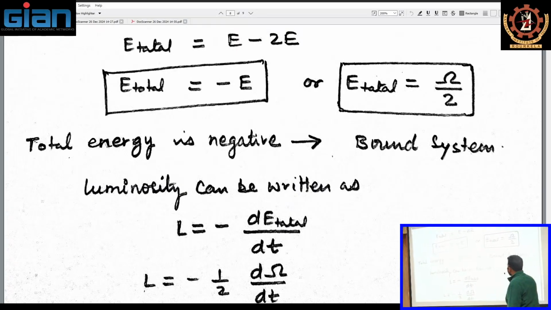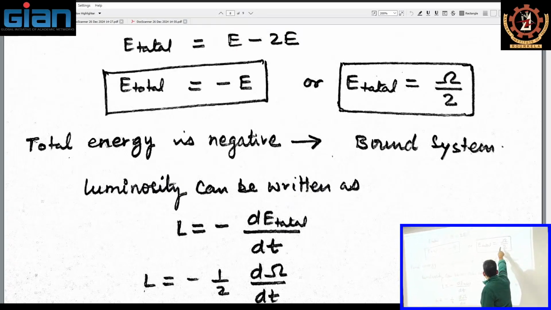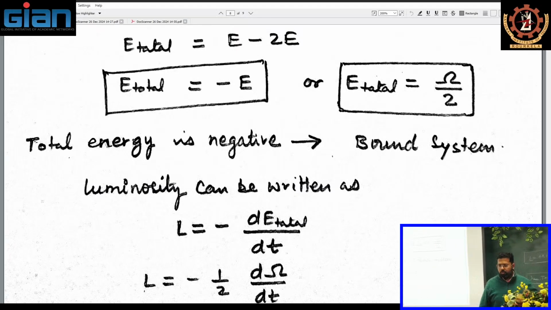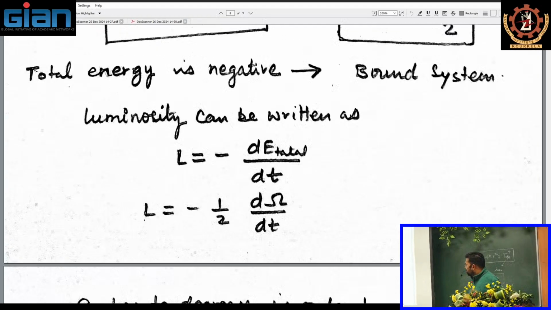Now, since E total is equal to minus omega divided by 2, luminosity L would be equal to minus 1/2 of d omega by dt. That's how we can write the luminosity.